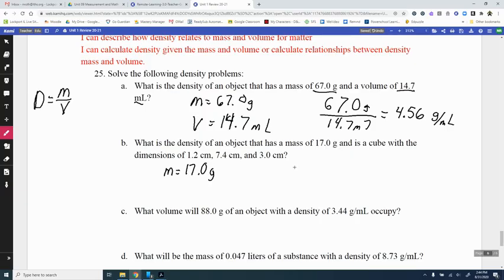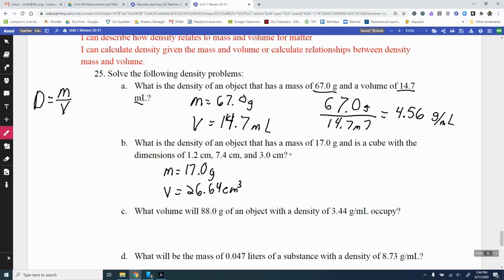So if we do that, we get a volume of 26.64 centimeters cubed, since we're taking centimeters times centimeters times centimeters.